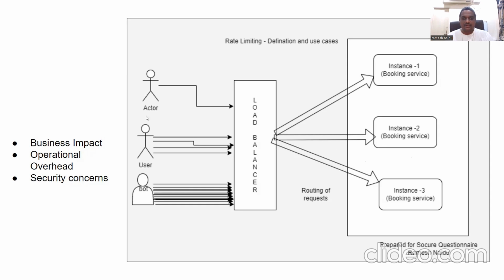Generally, I have a user who tries to book tickets. All their requests pass via the load balancer and go to one of the instances of the booking service.